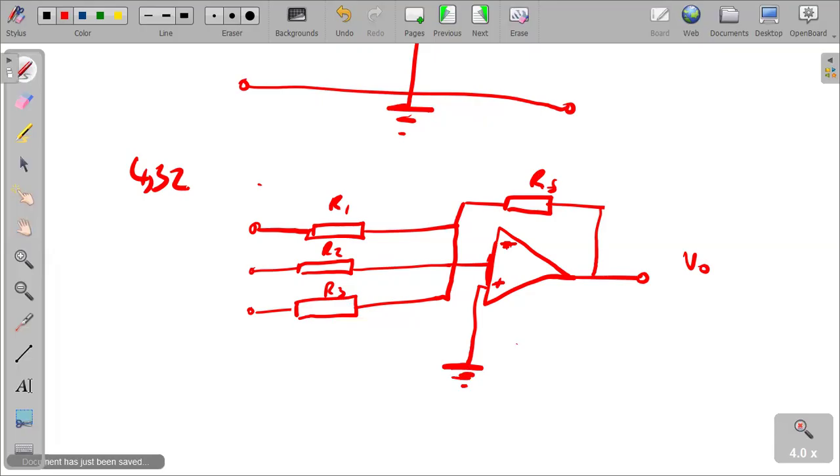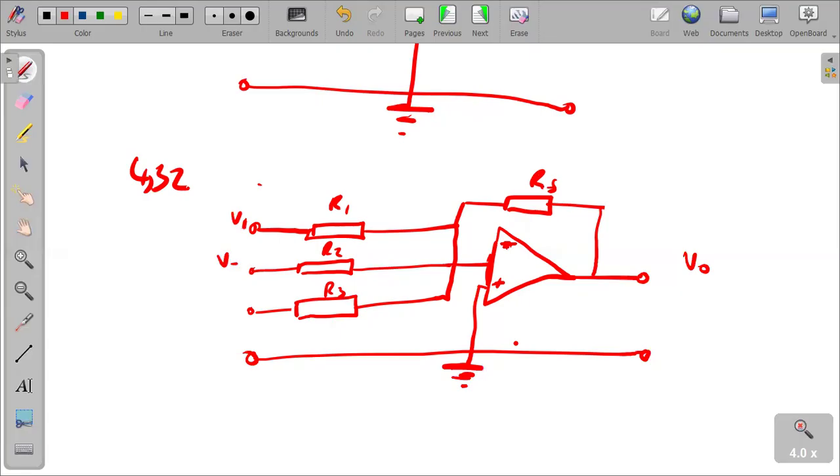And then we have, of course, the connection from this point. So there we are. That marks our summing op-amp. This is V1, by the way, and this is V2, and this is V3. That's how our circuit looks like.